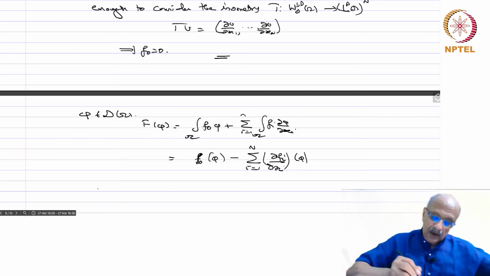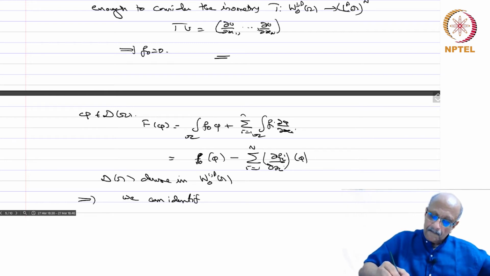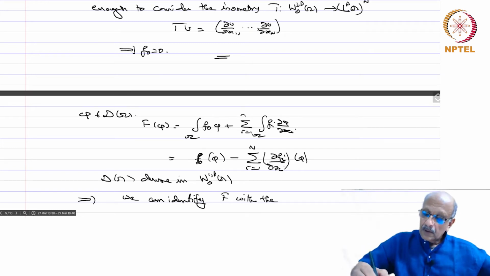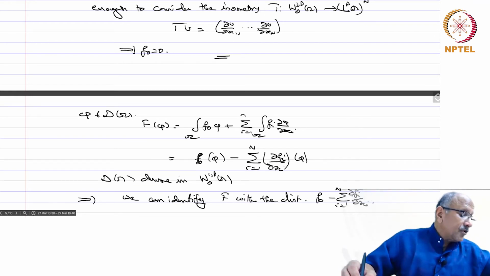Then D(omega) is dense in W^{1,p}_0(omega), and therefore we can identify f with the distribution f_0 minus the sum for i equals 1 to n of df_i/dx_i.